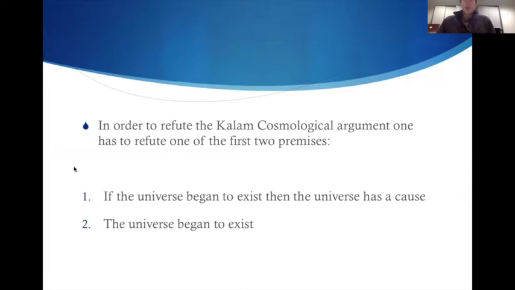Now, if you don't remember, in order to refute the Kalam cosmological argument, you have to refute one of the first two premises, just like we covered in deductive arguments. So I would either have to refute that if the universe began to exist, then the universe had a cause, meaning I would refute that the universe needed a cause. Or I would have to refute the second one, that the universe began to exist. In other words, I would have to demonstrate that the universe is eternal.